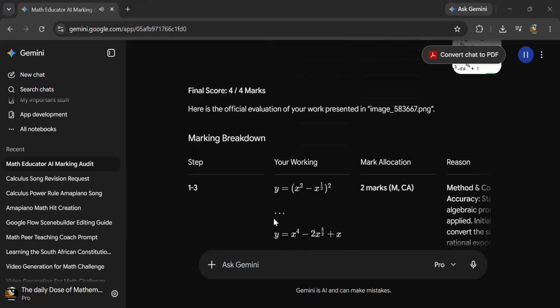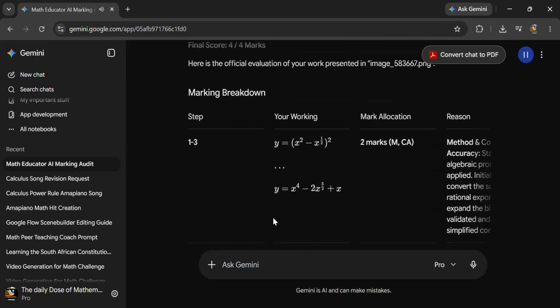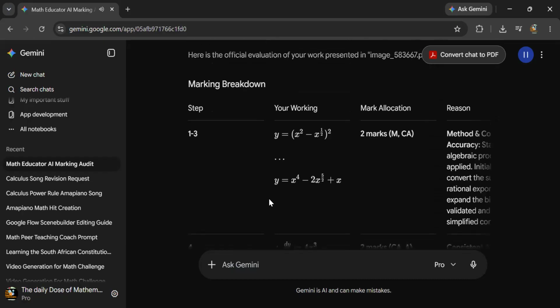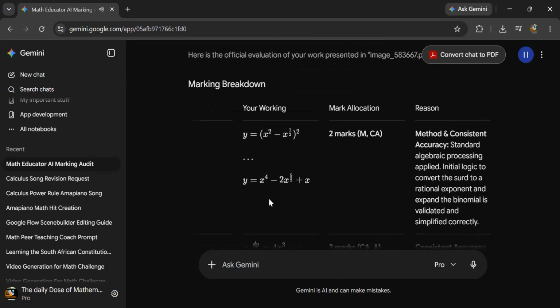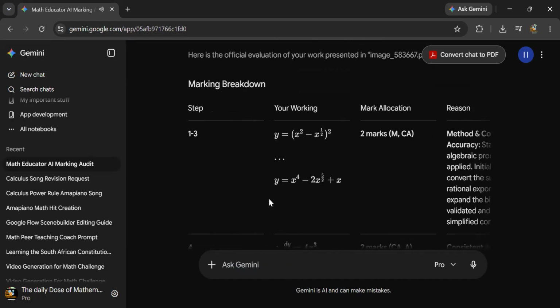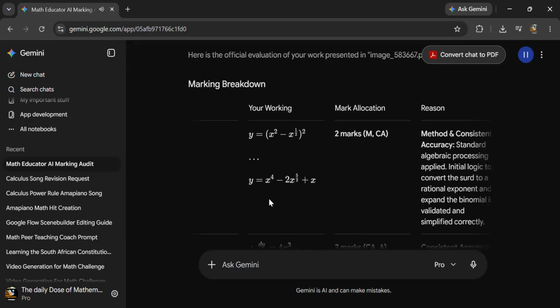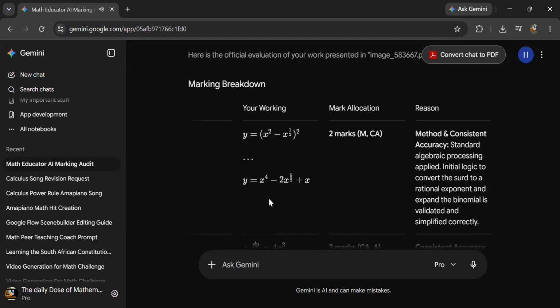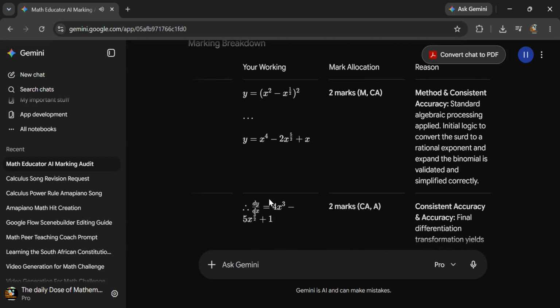Here is the official evaluation of your work. Marking breakdown. Step 1 to 3: y equals x squared, x to the power of 1/2, squared, so y equals x to the power of 4 plus 2x to the power of 5/2 plus x. 2 marks, M and CA, method and consistent accuracy.